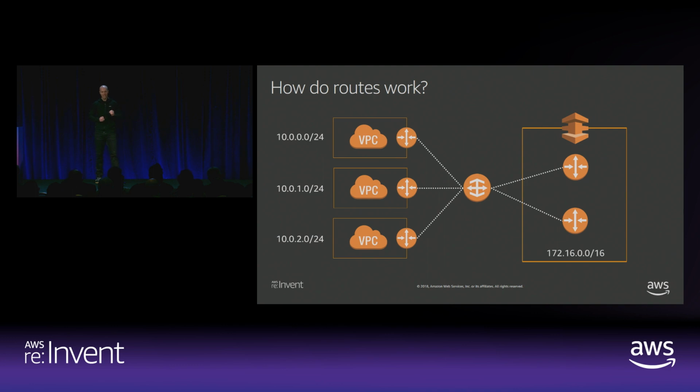Each VPC CIDR allocation will be advertised as is to the customer gateway. The routes from the customer gateway are also advertised as is. There's no route summarization or aggregation that happens, and each private virtual interface supports up to 100 route advertisements.